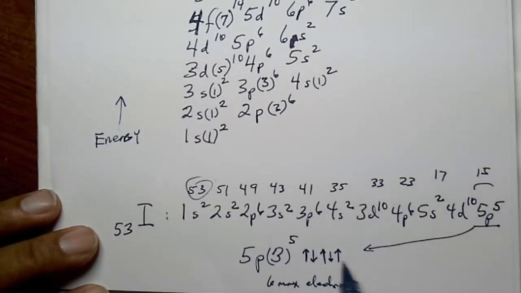However, I actually did not write it correctly. I should have written it this way. 5p, 1, 2, 3, 4, and 5, showing that we occupy each orbital with an electron, and then we come back and occupy each orbital with an electron until it's full.